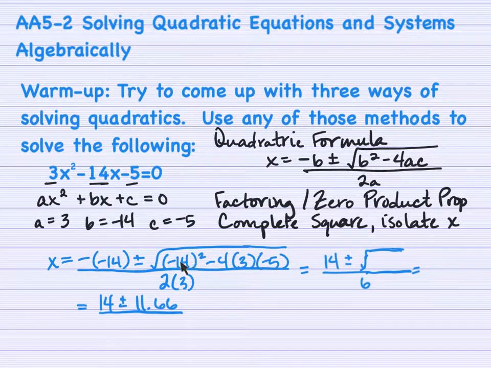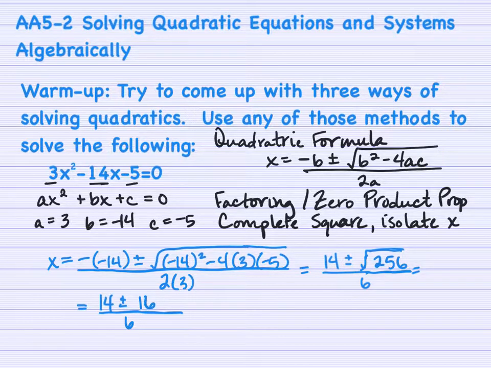So this should have actually been negative 14 squared plus 60, which would have given me 256, which does have a whole number. Sorry about that. So that whole number is 16. So the square root of 256 is 16. And then all divided by 6.